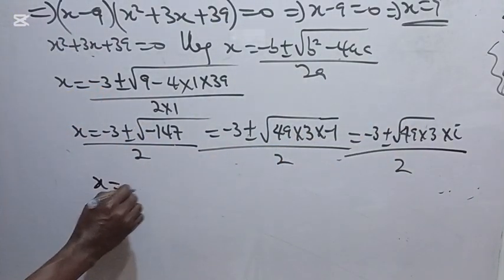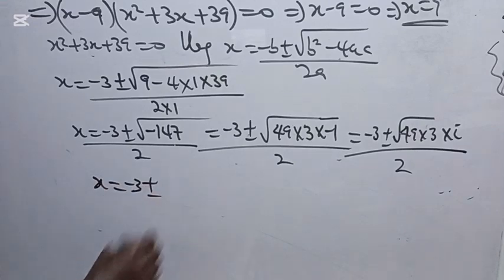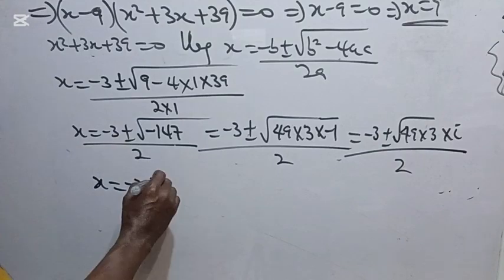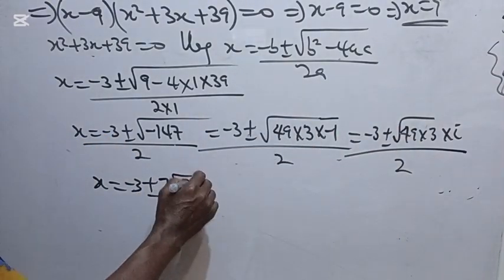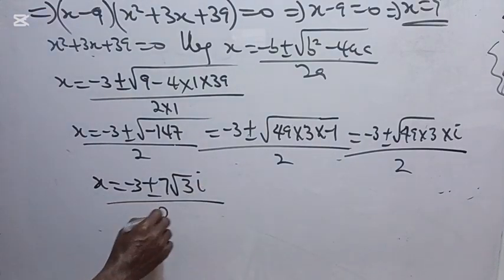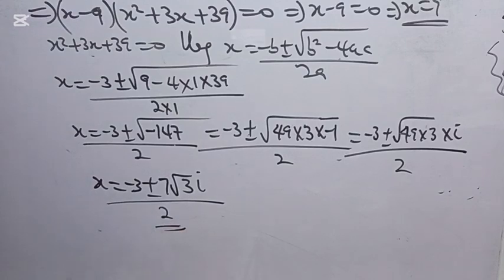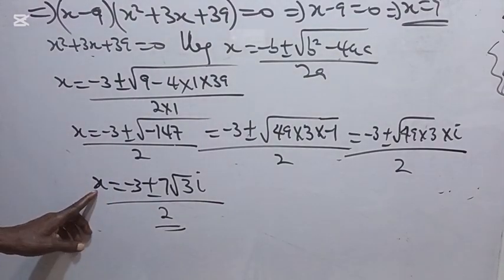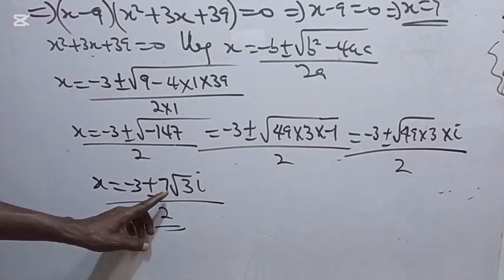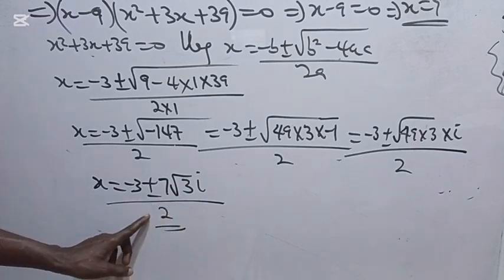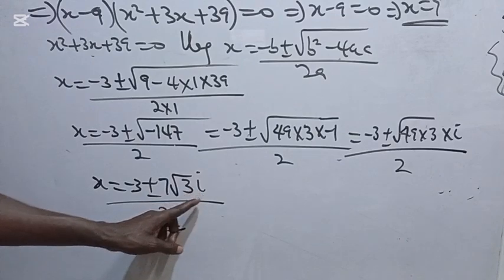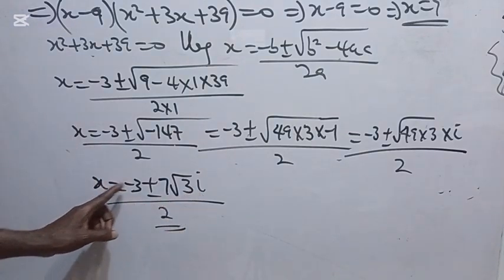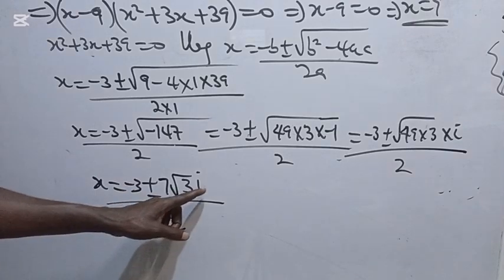So x now will be equal to minus 3 plus or minus the square root of 49 is 7, root 3, let's put root 3 there, i all over 2. So now we have gotten additional two values of x. x is minus 3 plus or minus 7 root 3 i over 2, which means x will be minus 3 plus 7 root 3 i all over 2, or x is minus 3 minus 7 root 3 i all over 2.